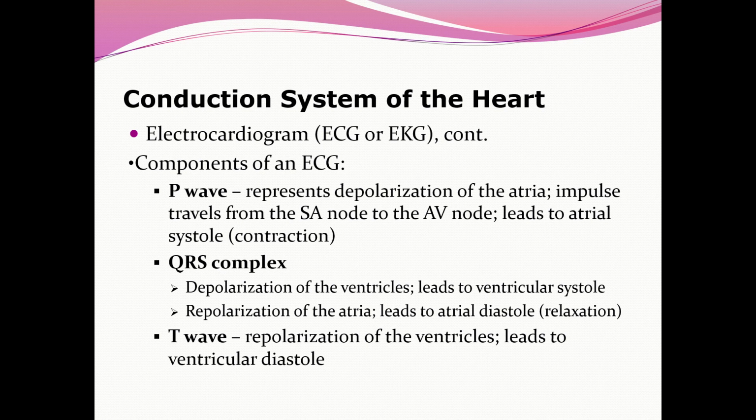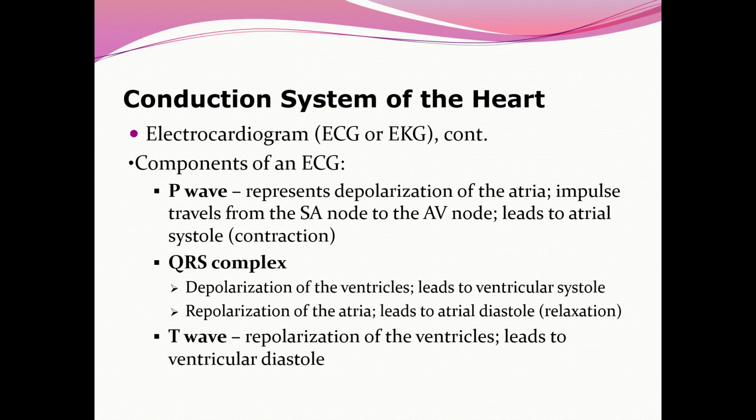The components of an electrocardiogram are waves. There's the P wave, the QRS complex, and the T wave. The P wave represents depolarization of the atria. The impulse travels from the sinoatrial node to the atrioventricular node. This leads to atrial systole, or contraction.